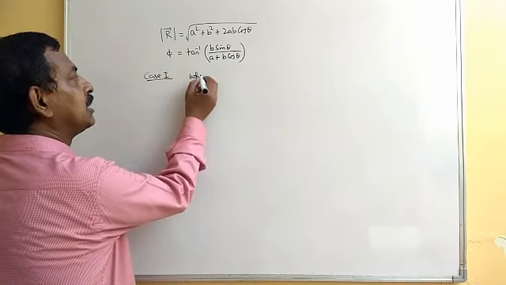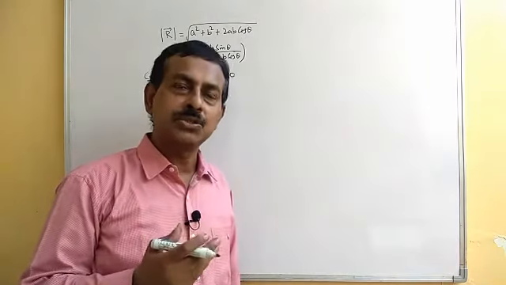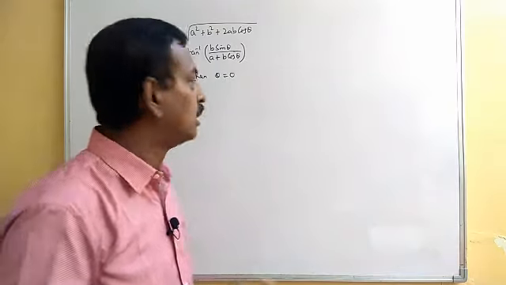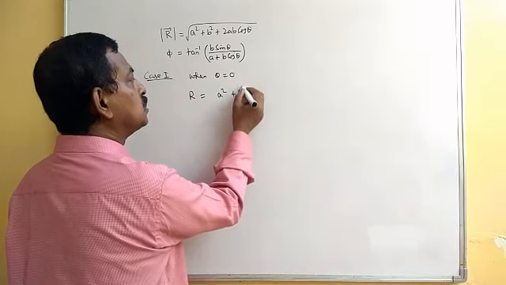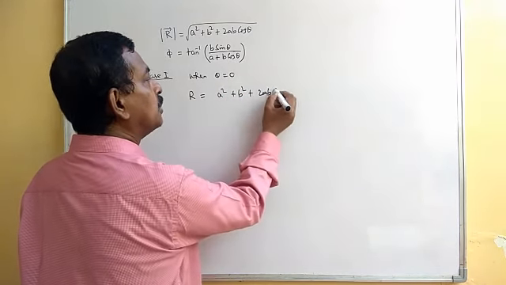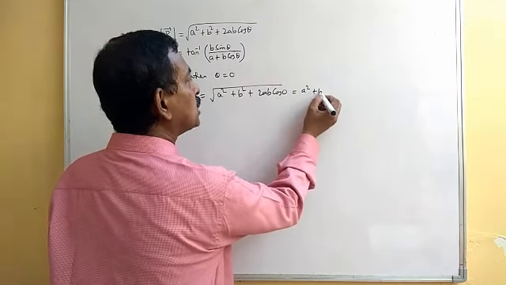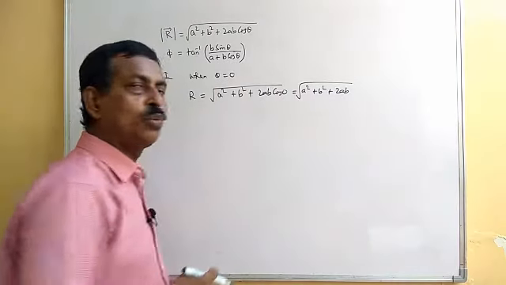when theta is 0. When theta is 0, that simply means the two vectors are in the same direction. So for that case, if you consider R, it is the square root of A square plus B square plus 2AB cos 0, which is A square plus B square plus 2AB, because cos 0 will be 1.